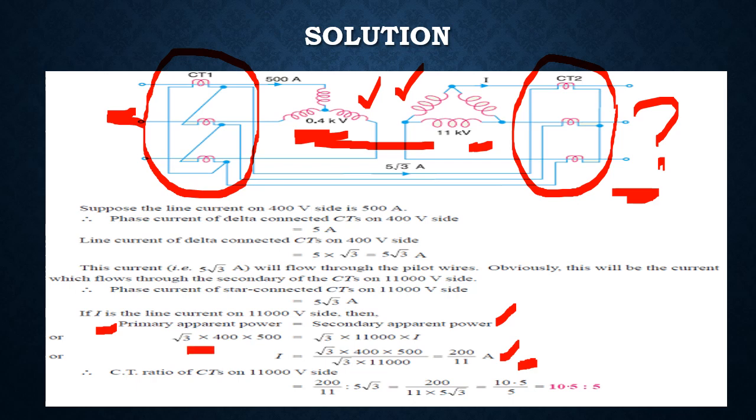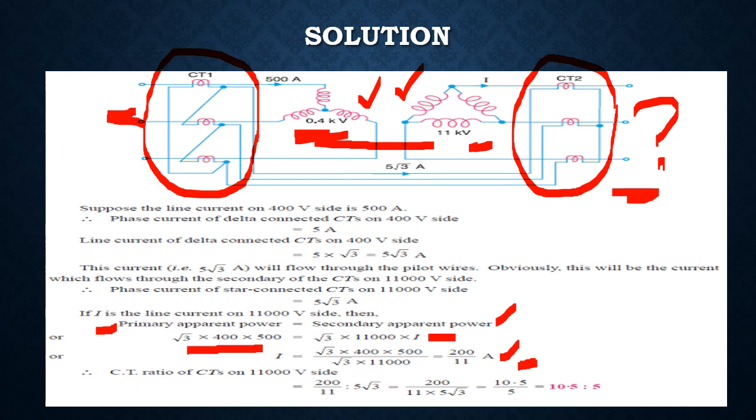Root 3 VL IL on the primary side is equal to root 3 VL IL on the secondary side, where VL on the primary side is 400 volts, IL on the primary side is 500 amperes, and VL on the secondary side is 11,000 volts.